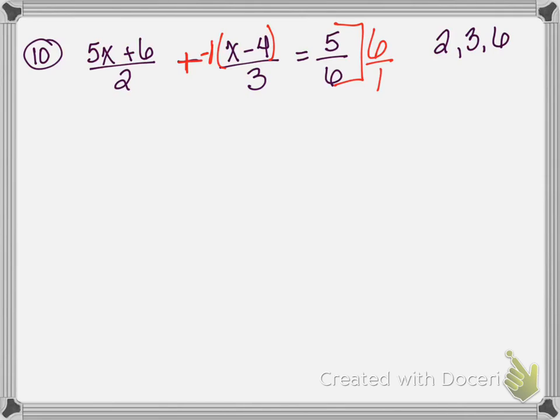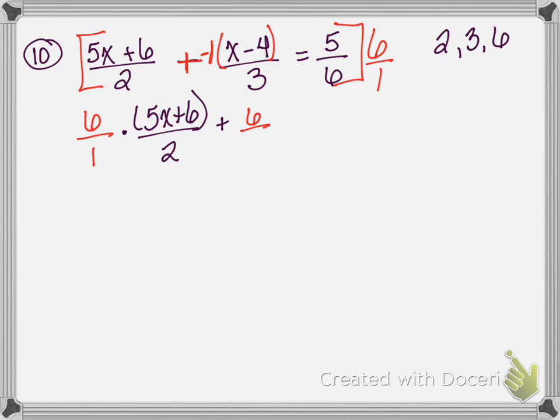So I'm multiplying everything times 6 over 1. I have 6 over 1, and I multiply that times 5x plus 6 over 2. Then I've got my 6 over 1, and I'm multiplying that by negative 1 times x minus 4.